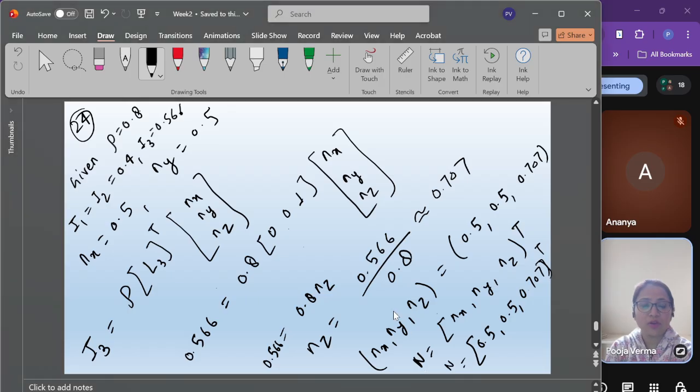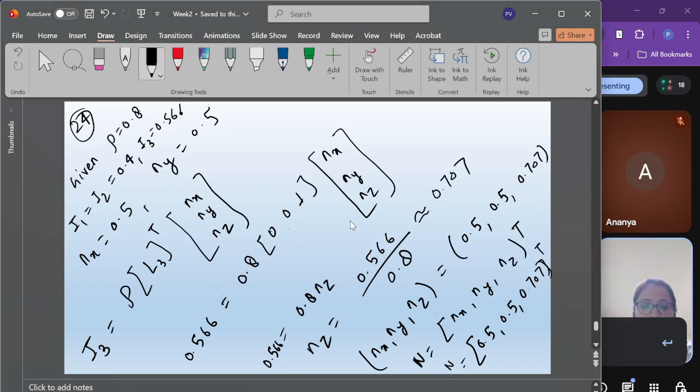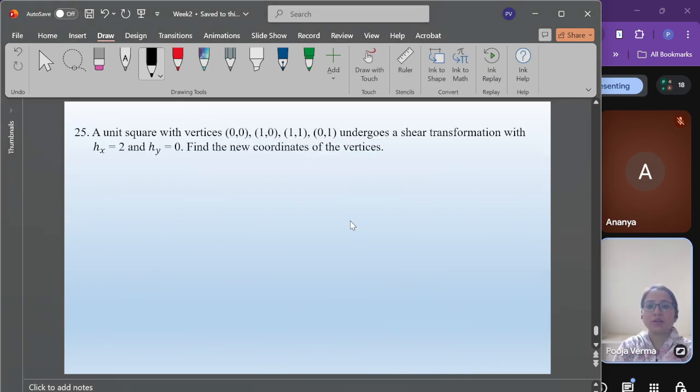Okay, so now moving to our last and final question. We have seen one theoretical question; now we will solve a numerical problem.